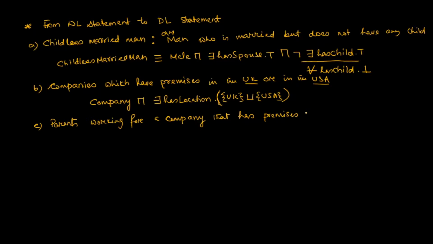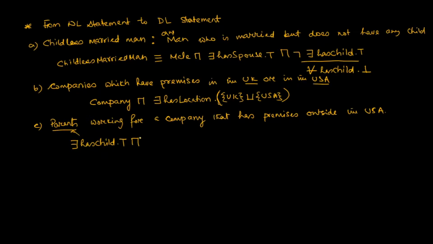Premises outside the US, right? So first we need to model parents, right? So how do you model that? So parents, they have at least one child. So you say has child, and by this I am modeling parent, right?